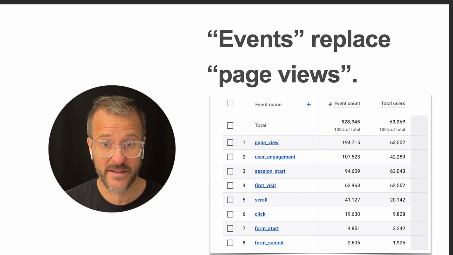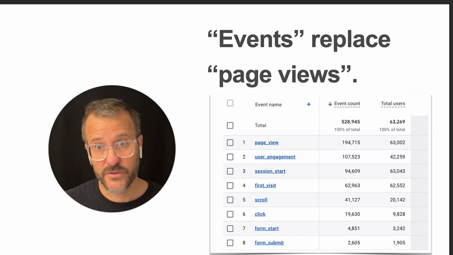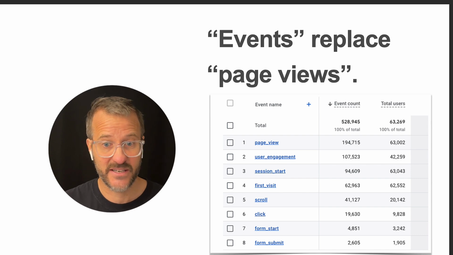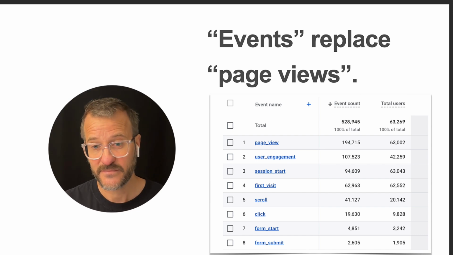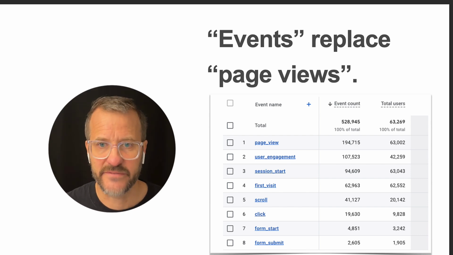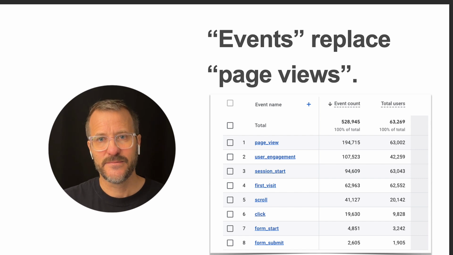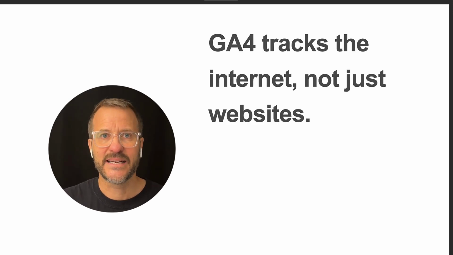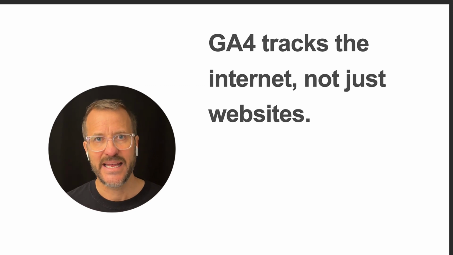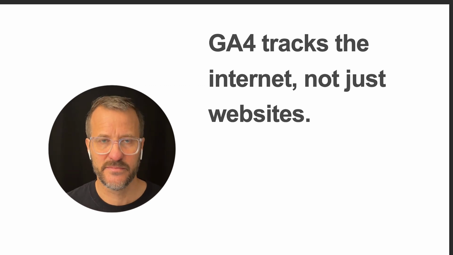Page view is one of them, but after that, there's all kinds of user engagement events, whether it's the start of a session, what they've clicked on, whether they've started to fill out a form. So a big change in Google Analytics 4 is that it tracks internet activity. It doesn't just assume that you are on a website.